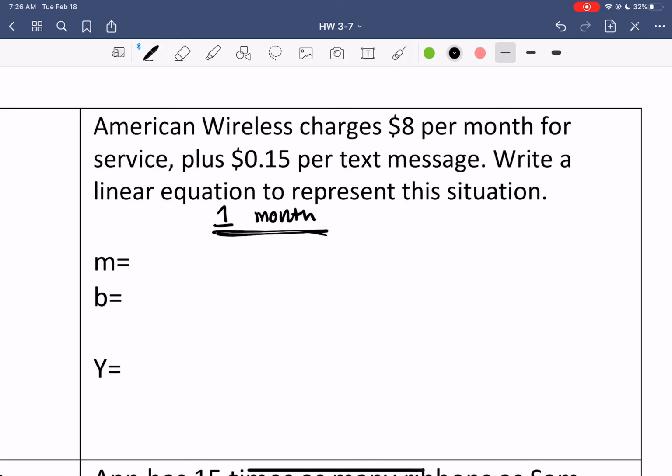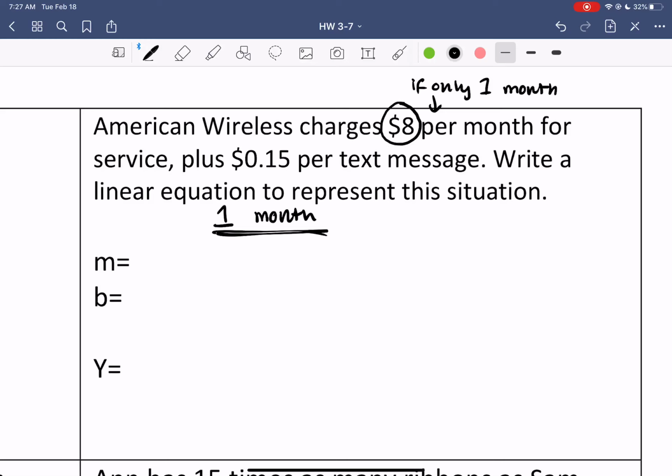So we're looking for the charges for 1 month. We have $8 per month, but if we're only looking at 1 month, then this ends up being a constant.